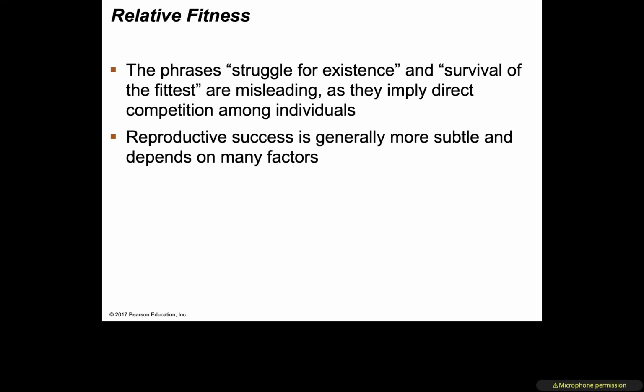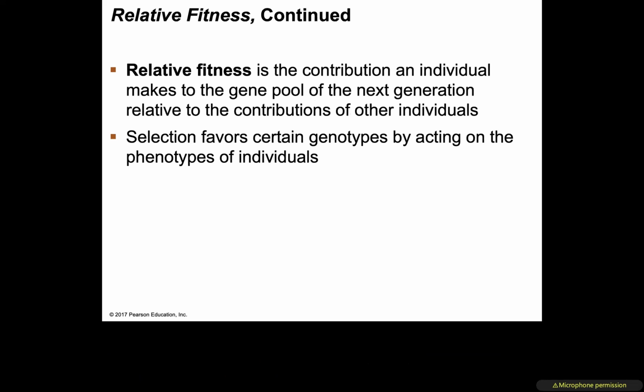Your reproductive success is generally more subtle and depends on many different factors. And so the term relative fitness is the contribution an individual makes to the gene pool of the next generation relative to other individuals' contributions.